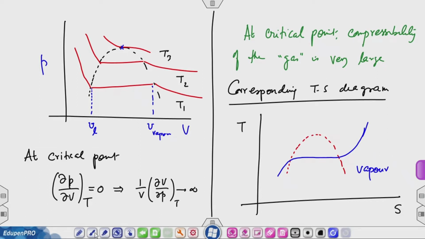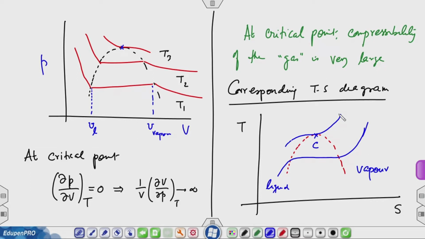On the left side, I have liquid. And as you approach the critical point, the line becomes flat here too.